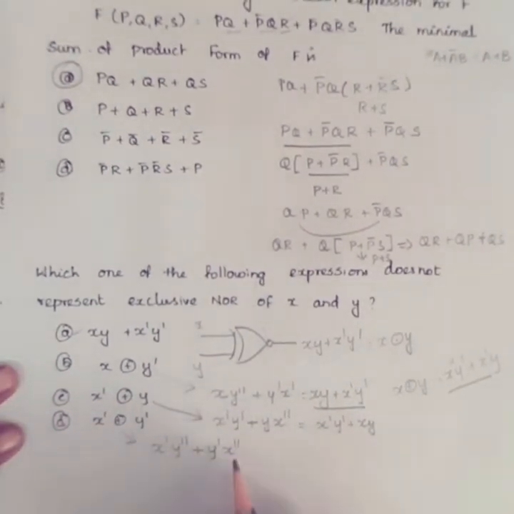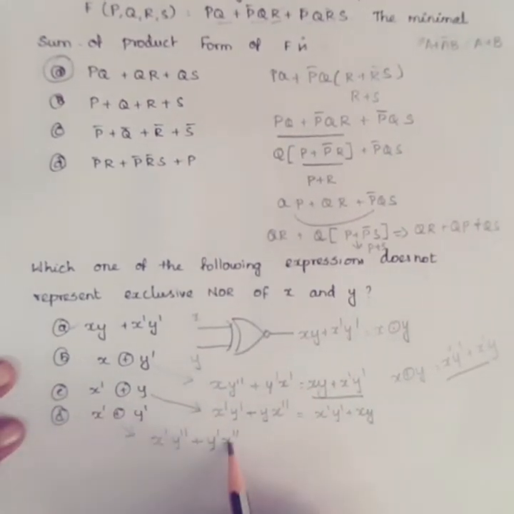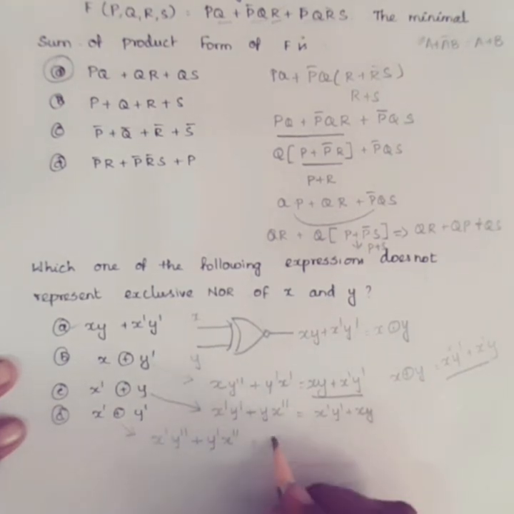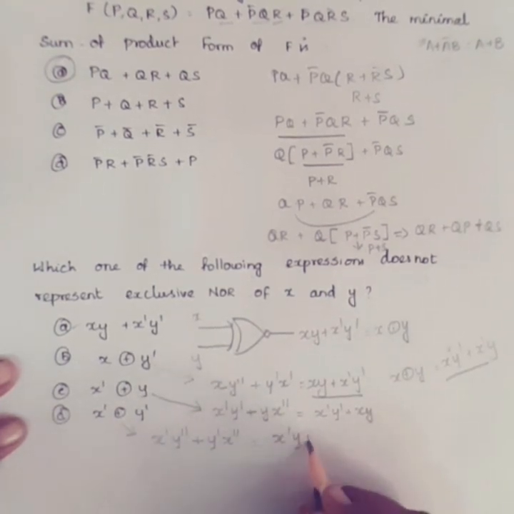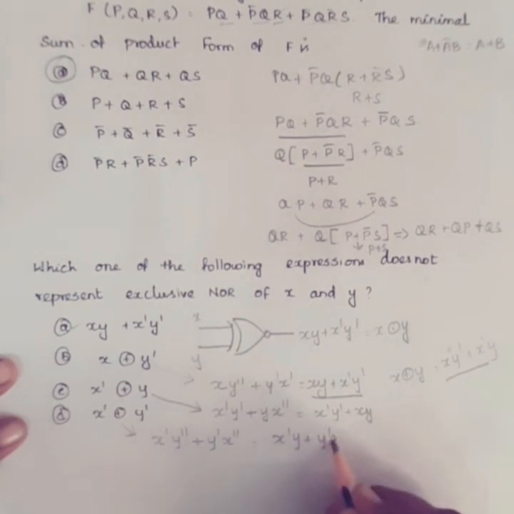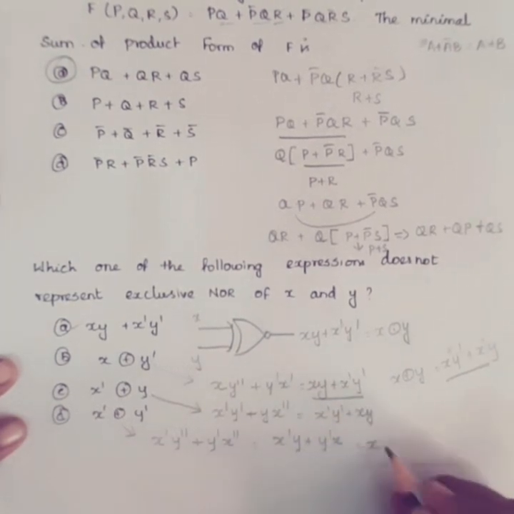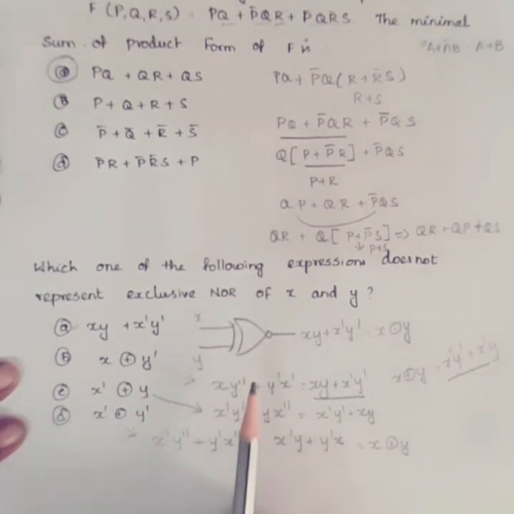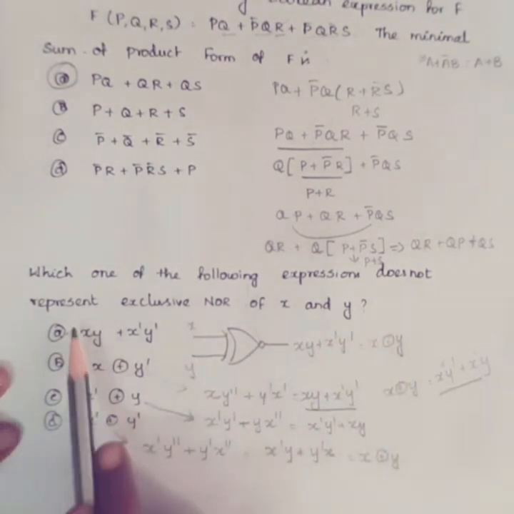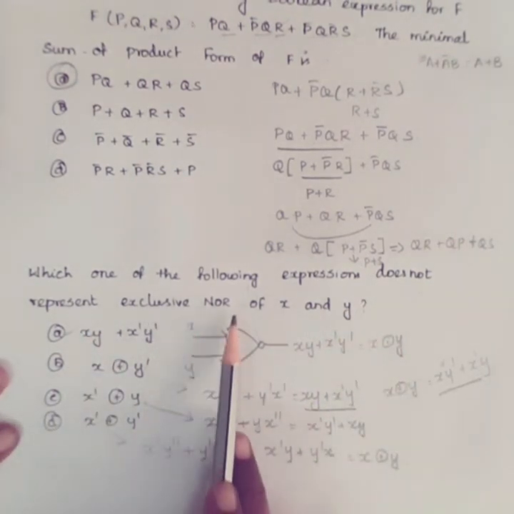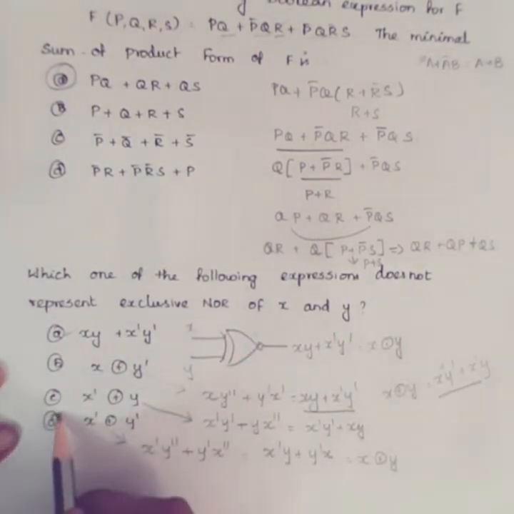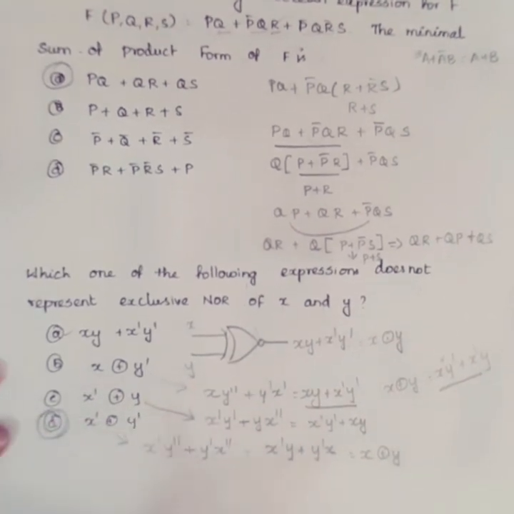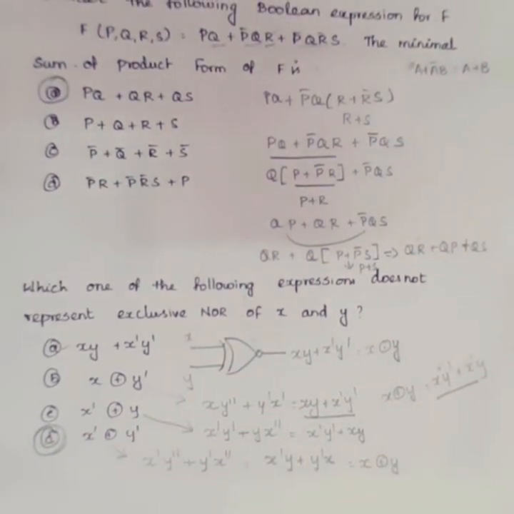X double dash is X, and Y double dash is Y. So this expression becomes X dash Y plus Y dash X, which is equivalent to exclusive OR operation, not exclusive NOR. Your question is which does not represent the exclusive NOR of X and Y, so definitely D is the correct answer, because it represents exclusive OR.